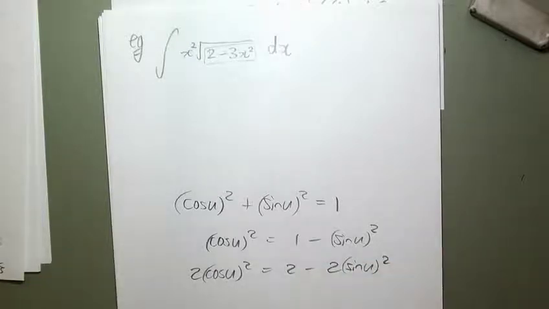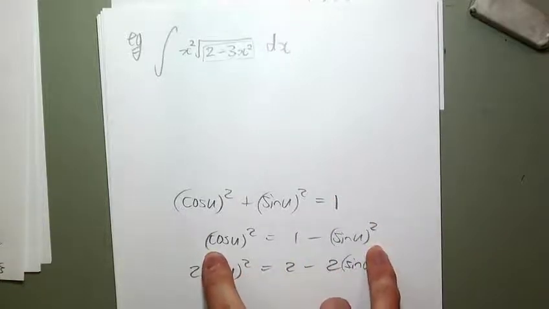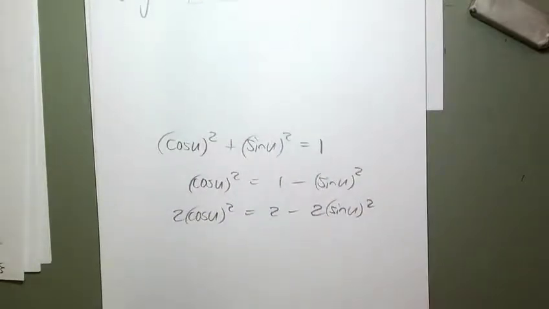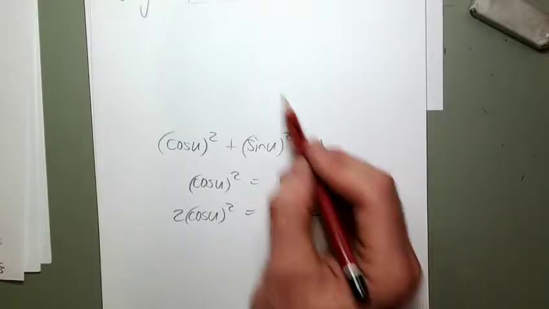So just to point out what I did, I started with the fundamental trig identity, I moved it around so that it was better shaped, and I multiplied everything by 2 so that the number matched this number here. So what I would like is for this to be equal to that.